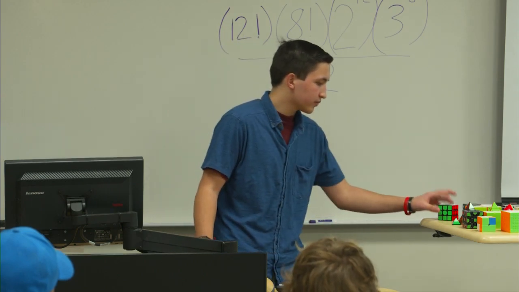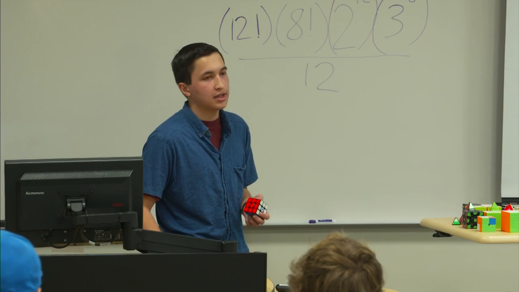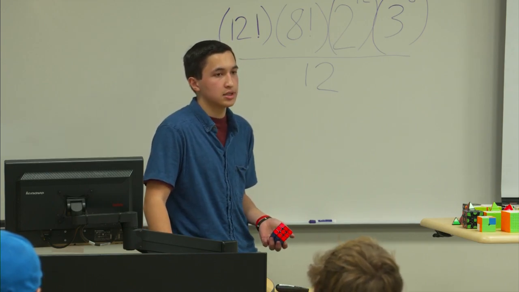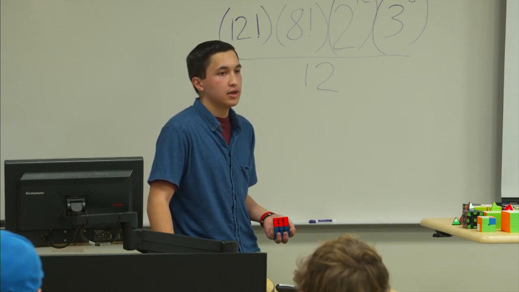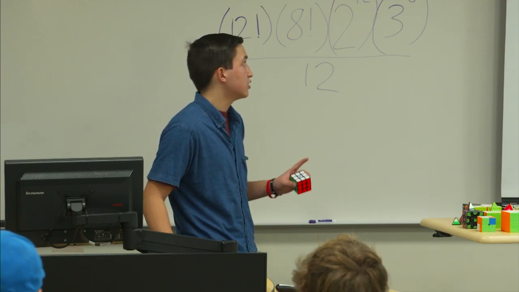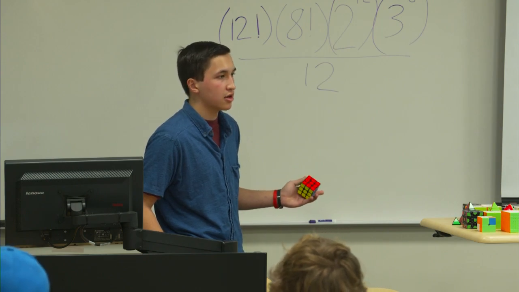But as far as luck goes, you can get lucky and get a really good solve, but you can't count on that in competitions. My best solve was a 13-second solve. I got a last layer skip. So I did the cross and first 2 layers, and then it was already solved.